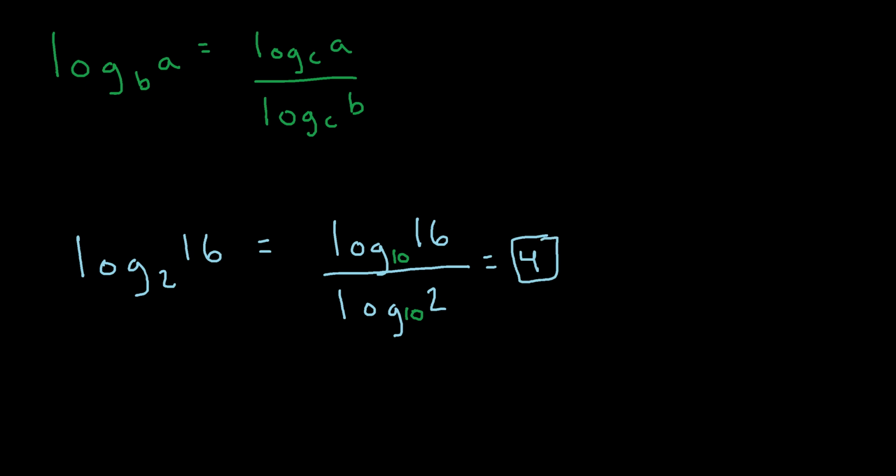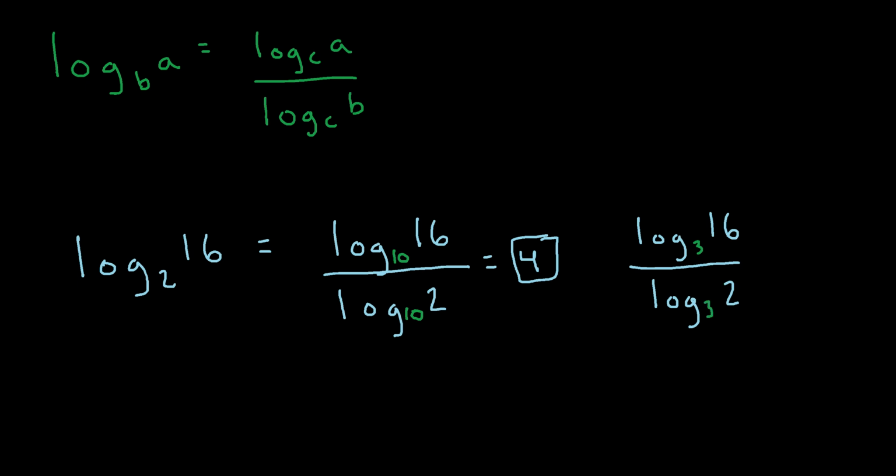But we don't have to choose 10. We could choose any number we wanted. That something can be any number we want as long as the numerator and the denominator are equal. So we could choose log base 3 of 16 and log base 3 of 2 if we wanted.